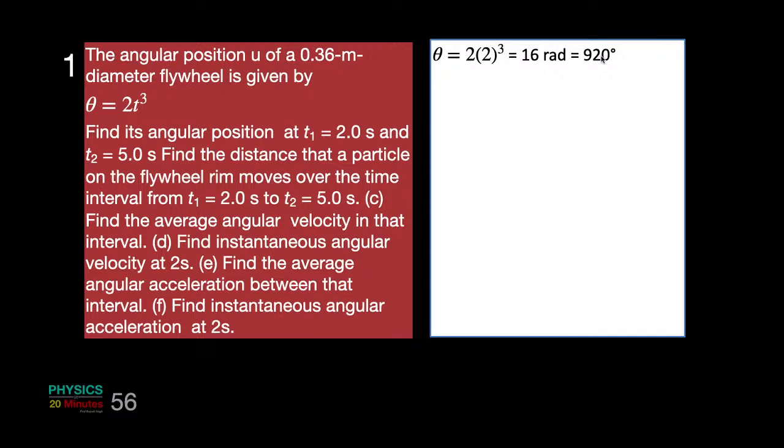So you all know that 2 pi radian is equivalent to 360 degrees.